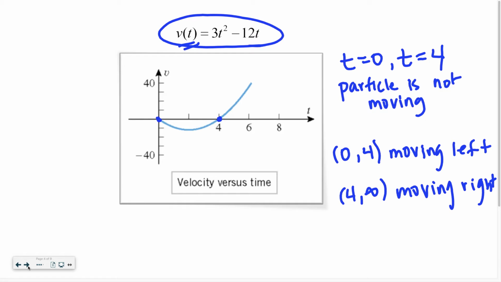Where our derivative is increasing, then our second derivative would be positive. So we know that our acceleration is negative from 0 to 2 because our velocity is decreasing. And we know our acceleration is positive from 2 on because our velocity is increasing. So don't forget the relationships with derivatives and their graphs as we go through all of this.